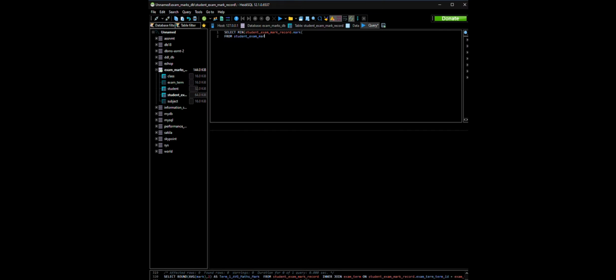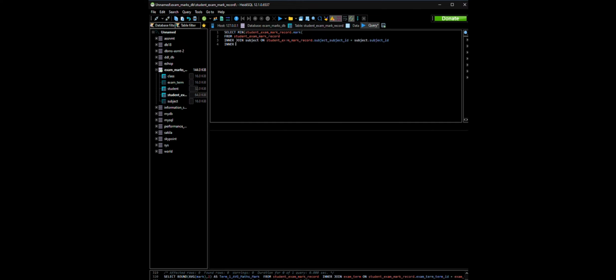We are going to have to join all four tables for this query. Exam mark record dot subject underscore subject ID is equal to subject dot subject underscore ID.